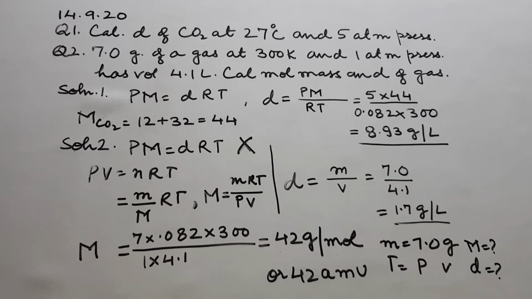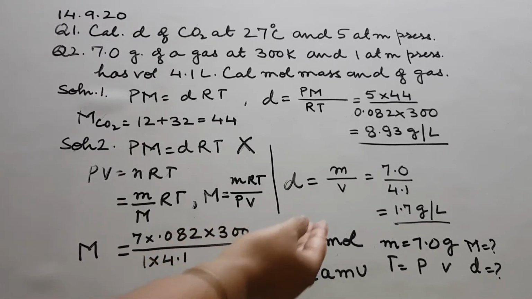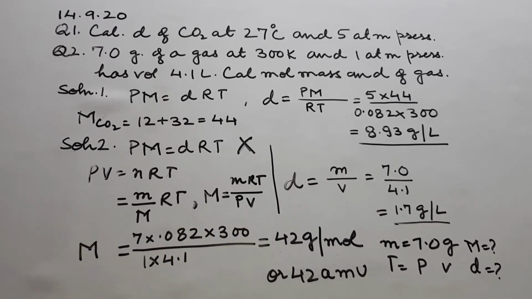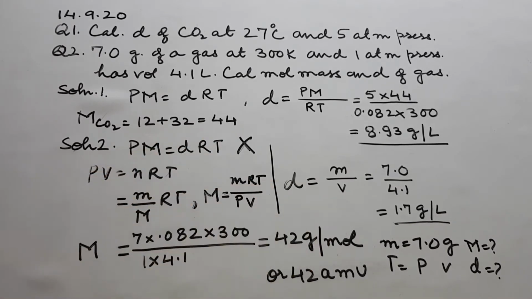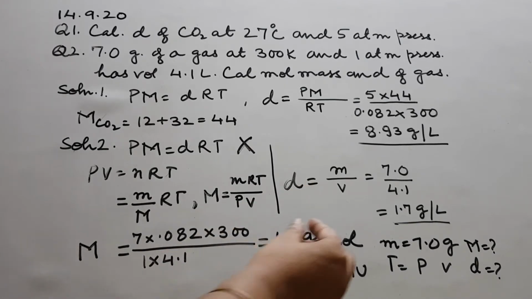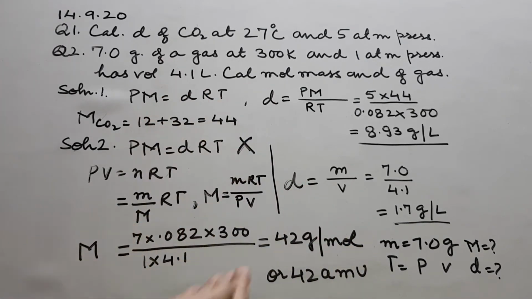Its answer will be, molecular mass will be 42 grams per mole, or you can even write it as 42 AMU. Or better, you write in the better form as 42 gram per mole. Even if you cancel the units, you will get this only. 42 grams per mole will be the molecular mass. Mass of 1 mole is called molecular mass, and this is 42 grams per mole.